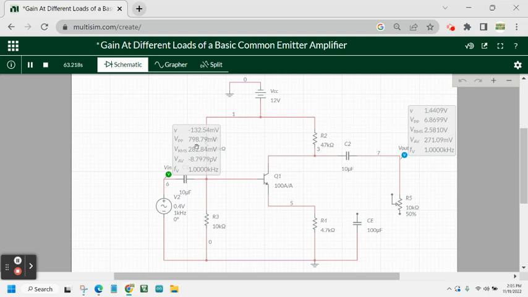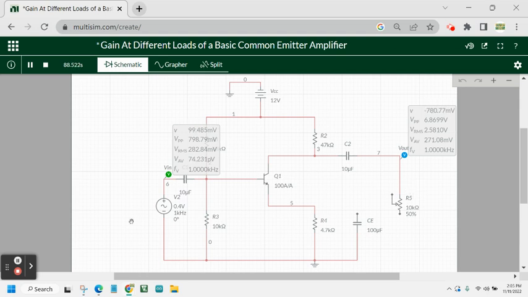The input becomes very large on the output side. It becomes 6.8 volts. So there you go. This means that the amplifier is working. Now this is without the load.